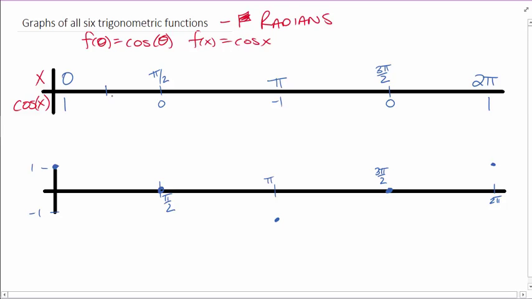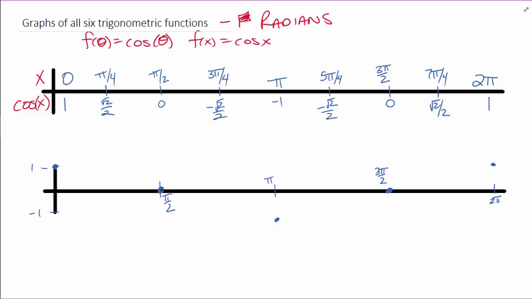In between, again, I'm going to keep splitting in half. I have pi over 4. The x value there is root 2 over 2. I have 3 pi over 4. The x value there is negative root 2 over 2. 5 pi over 4, which is also negative root 2 over 2. And 7 pi over 4, which is positive root 2 over 2.